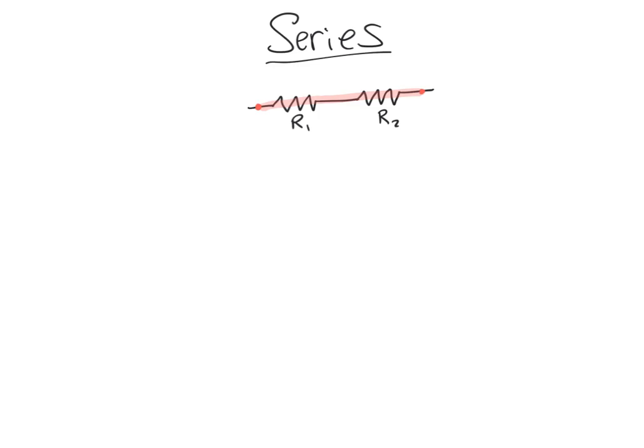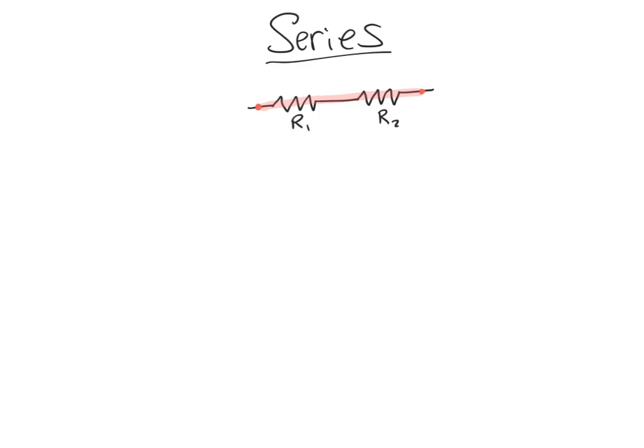So one way of thinking about the definition of two things being connected in series with each other is that they are on a single branch, there's a single path through them, or that the current is held fixed through the two of them, or more than two of them.